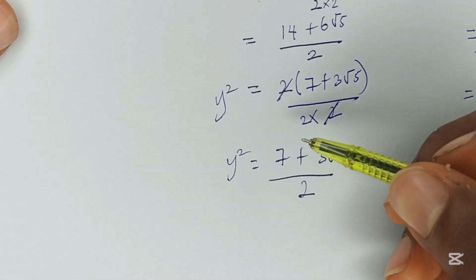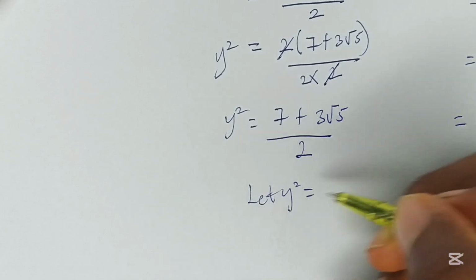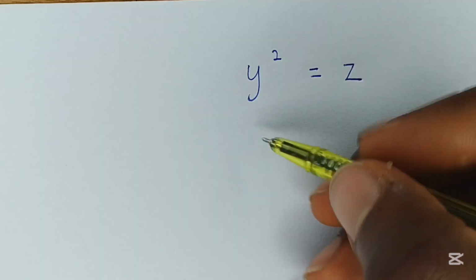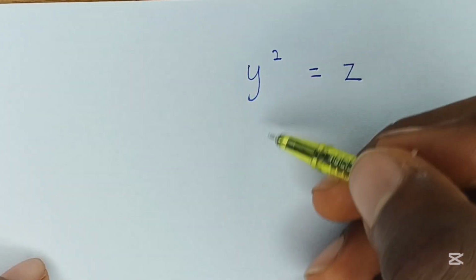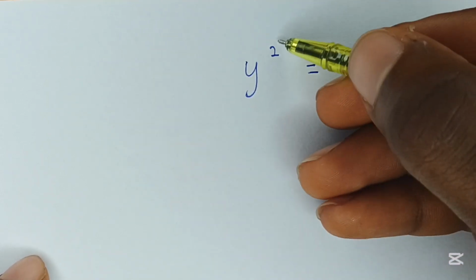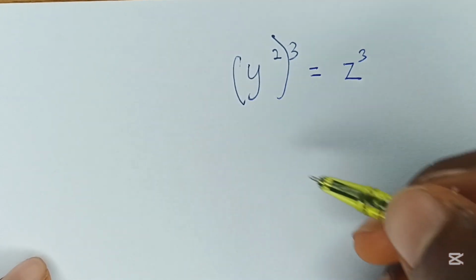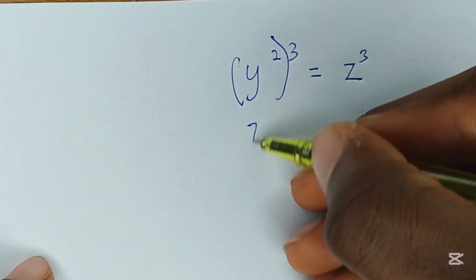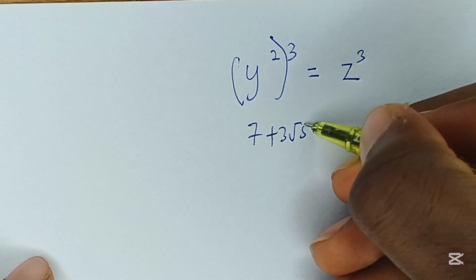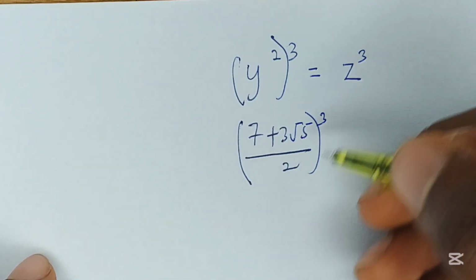Now moving on, from here, let y squared equal z. So we've established that y squared is equal to z. Hence, from what we had before, y squared all raised to the power of 3 will now be equal to z to the power of 3. And recall that y squared is equal to (7 plus 3 root 5) all over 2, all raised to the power of 3.